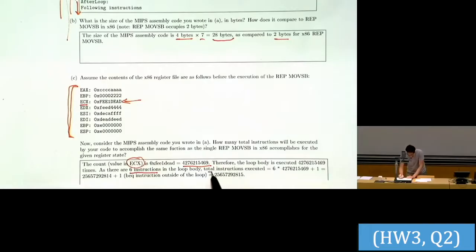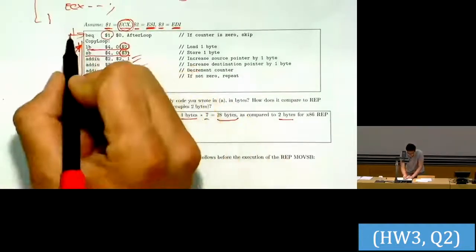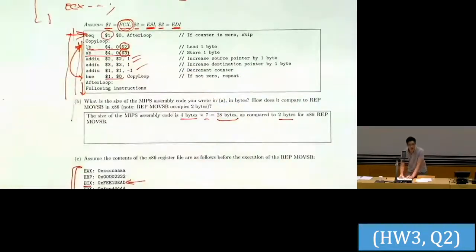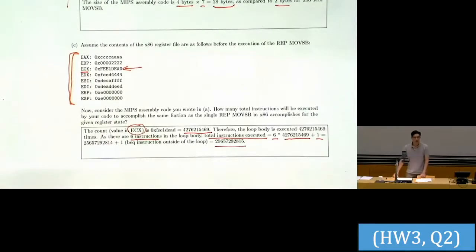So the total number of instructions executed is 6 times the value of register ECX, plus 1, because remember that in the beginning we had this BEQ instruction. This is our total number of instructions executed for MIPS, compared to one single instruction that will be executed in x86 ISA.